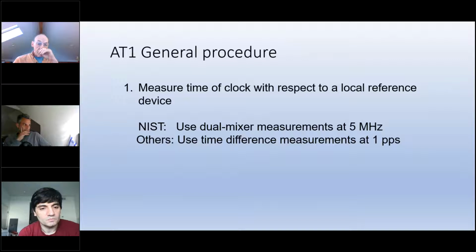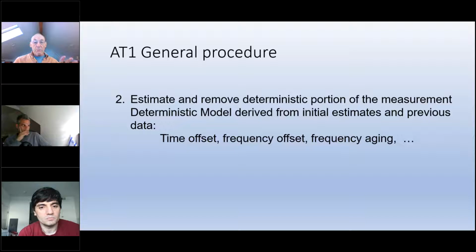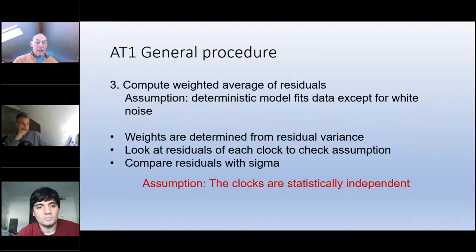So the general procedure is you measure the time of the clock with respect to a local reference. You remove the deterministic portions, which are the time offset, the frequency offset, and the aging. All of those are predictable deterministic properties. And now you compute the weighted average of residuals by determining the weights adaptively using the residual variance of each clock after you remove the deterministic. And you assume that the clocks are statistically independent, so that the more clocks you have, the better the system.